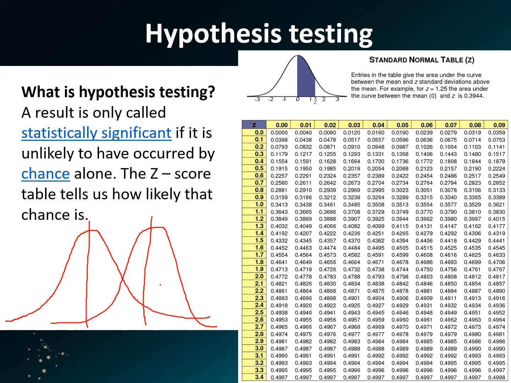And if the mean of the second group falls somewhere on this line for the first group, which it will, unless they're completely separated, then we can look at the probability by determining the area under this side of the curve using the z-score table.